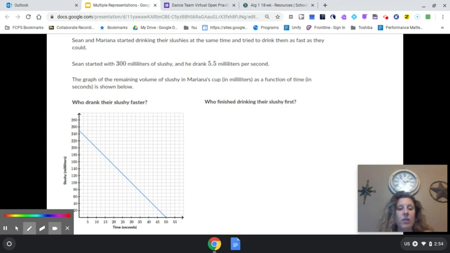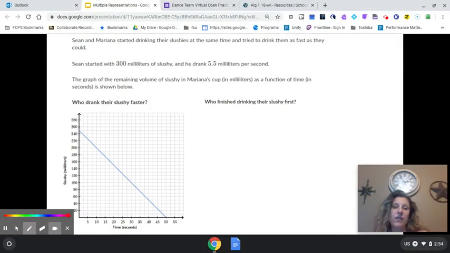Sean started with 300 milliliters of slushy, and he drank 5.5 milliliters per second. The graph of the remaining volume of slushy in Mariana's cup in milliliters, as a function of time in seconds is shown below. 2 questions here. Who drank their slushy faster, and who finished drinking their slushy first?